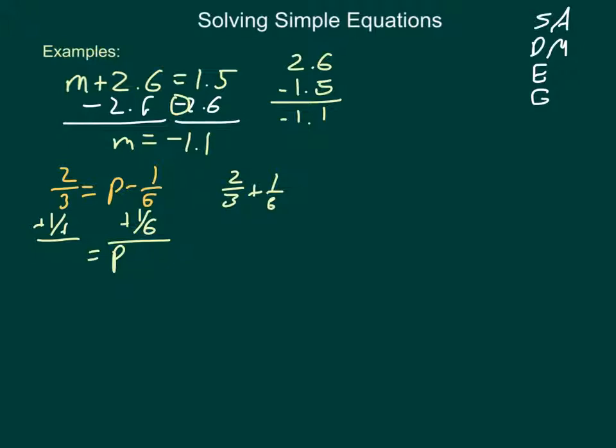My equivalent denominator here is in fact 6, which means I have to change this 2/3 into 4/6 by multiplying top and bottom by 2. So 4/6 plus 1/6 is 5/6.